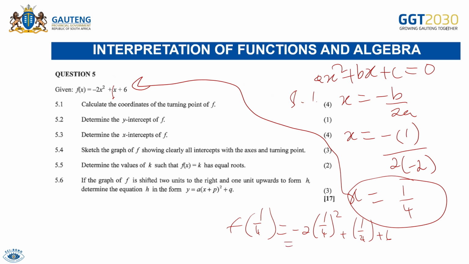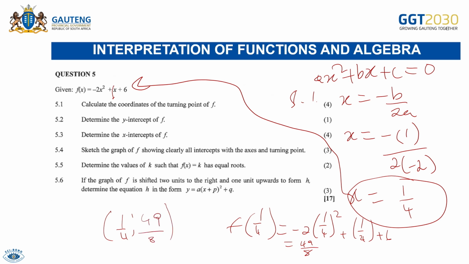Then you substitute everything in your calculator as it is, and you get 49 over 8. So when x is 1 over 4, y is 49 over 8.